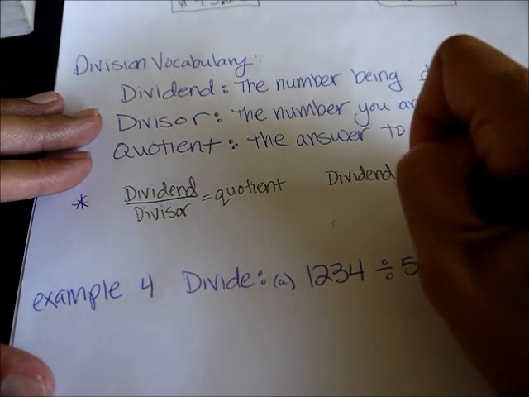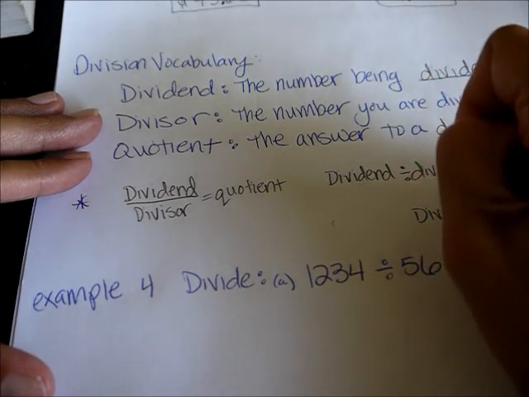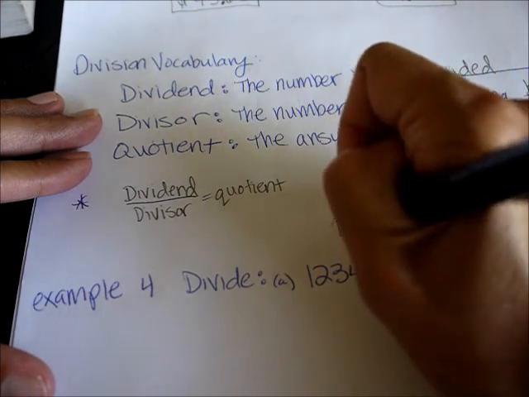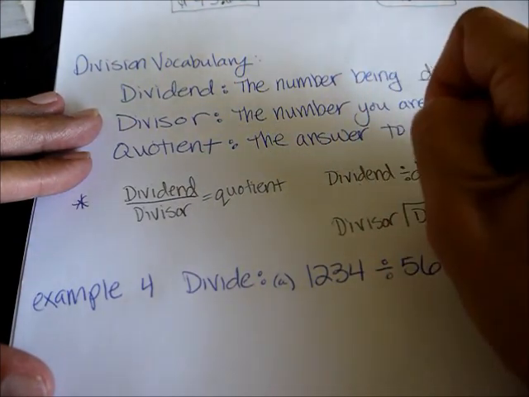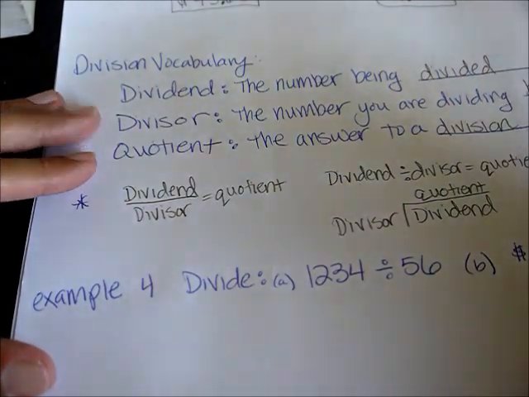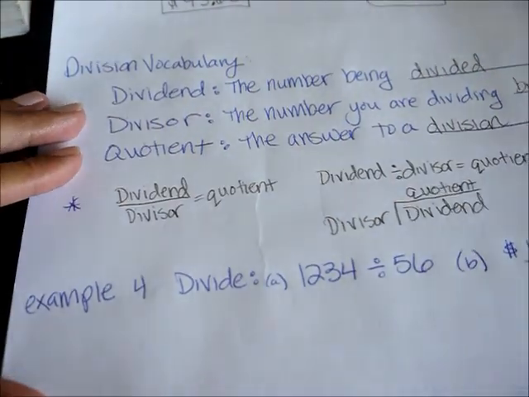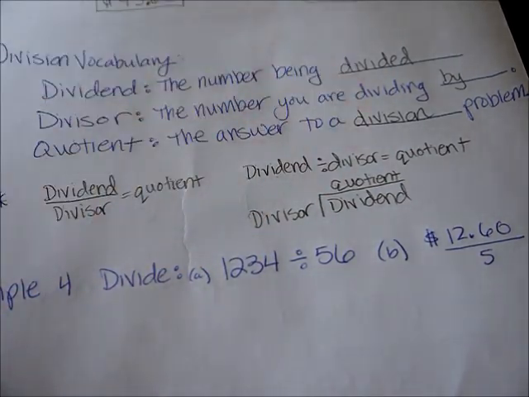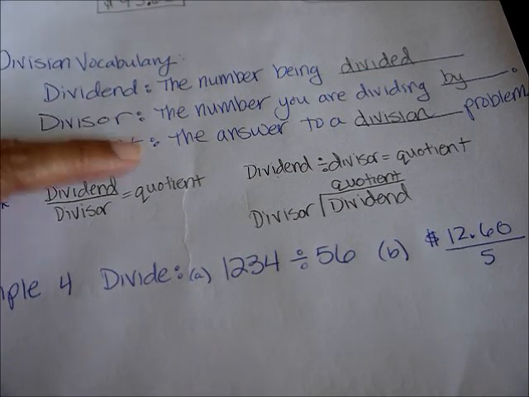And the other way would be dividend divided by divisor equals quotient. So I have three forms of the same thing with the vocabulary. So dividend divided by divisor equals quotient.